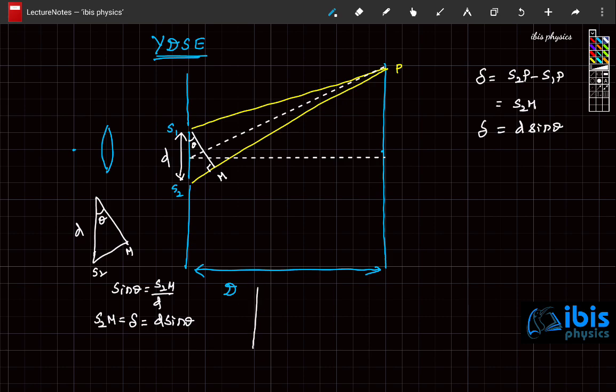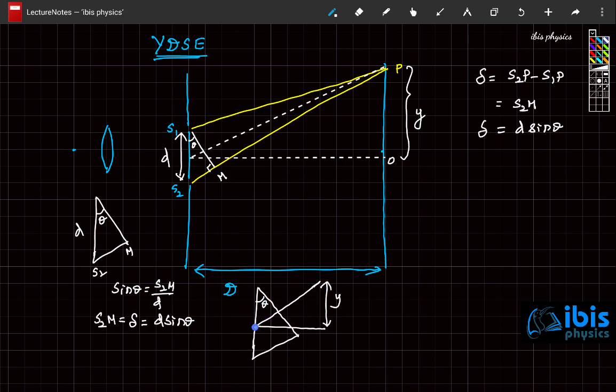So this is S2M, and we call this theta. This is the center line you are drawing, and let us call this point P. This is O, this is OP. This distance is y.